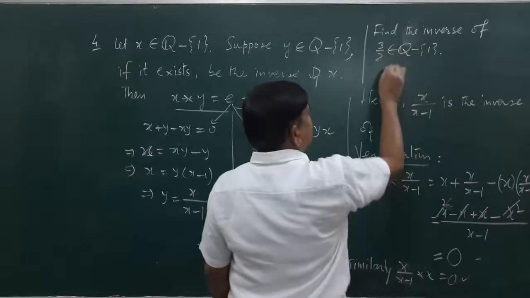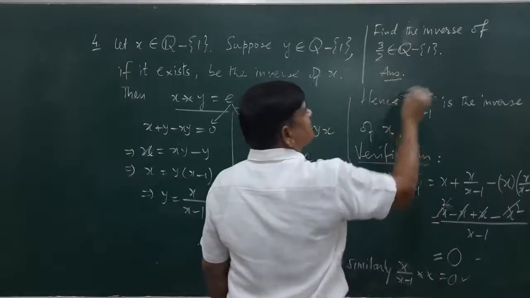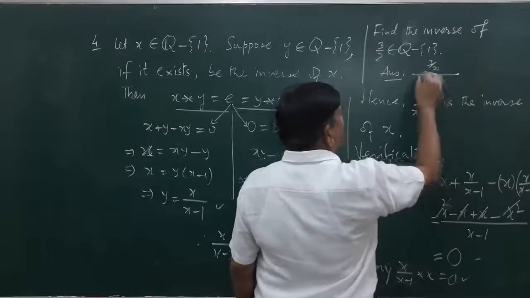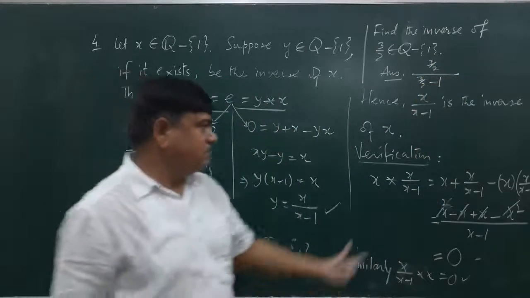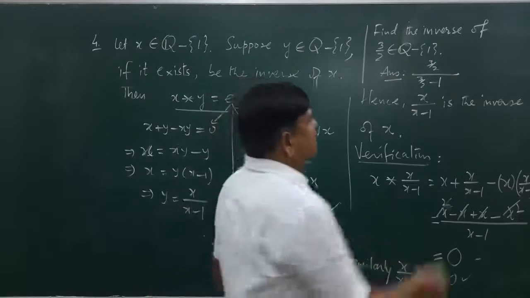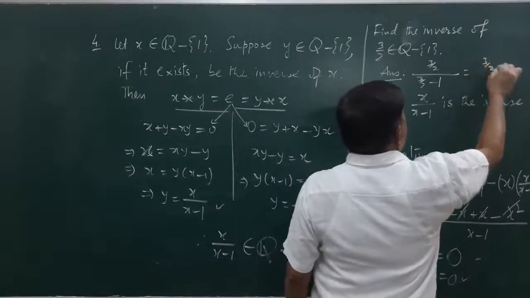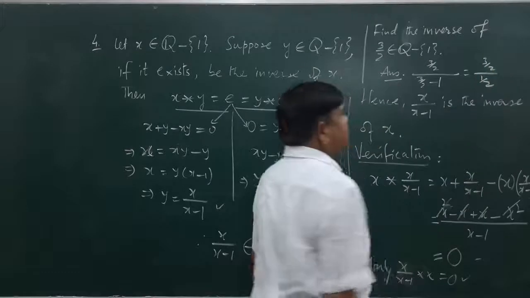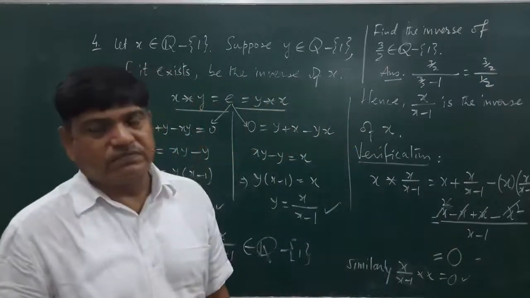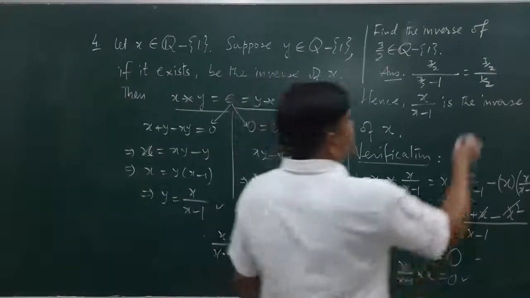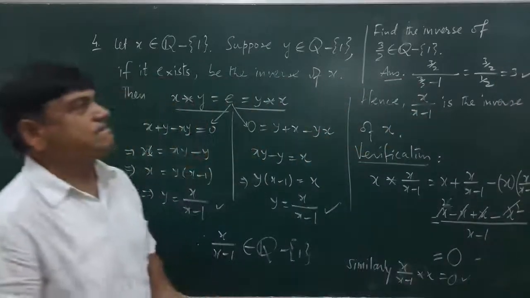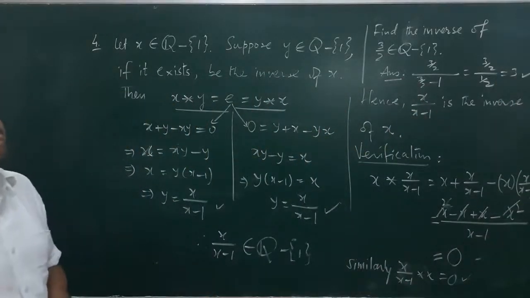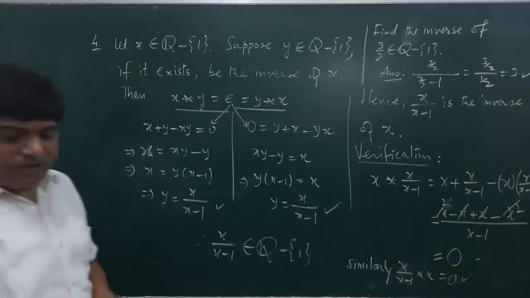What is the answer? 3 by 2 upon 3 by 2 minus 1, that is x upon x minus 1. So it is 3 by 2 upon 1 by 2, since 3 by 2 minus 1 is 1 by 2. So this is 3. Okay.